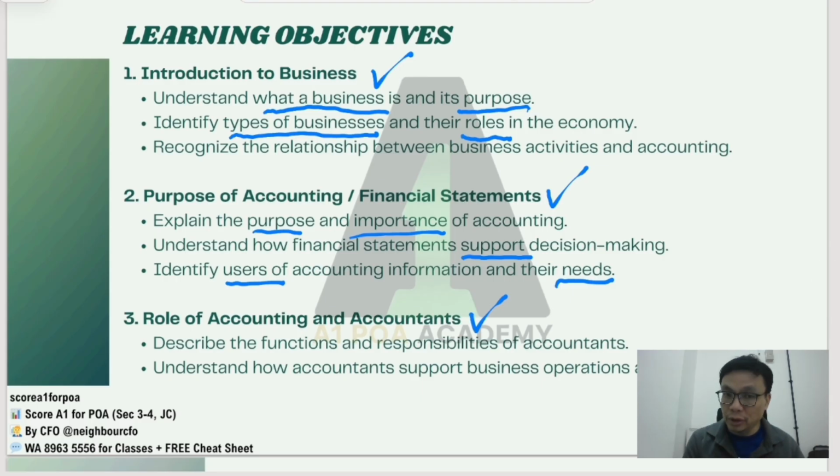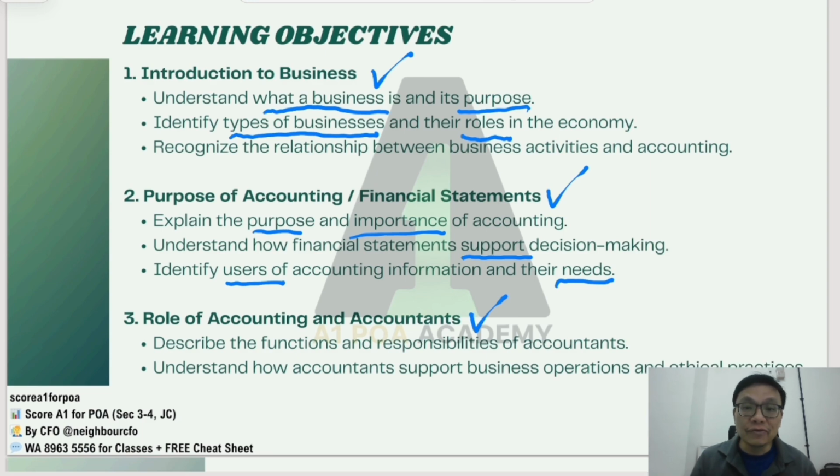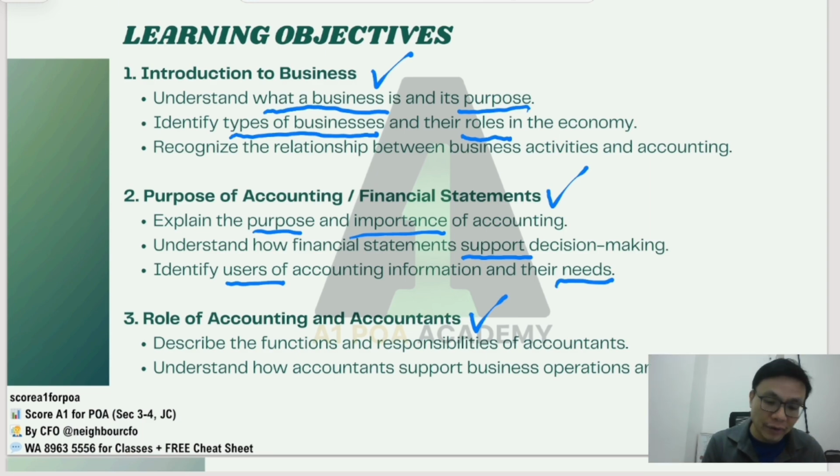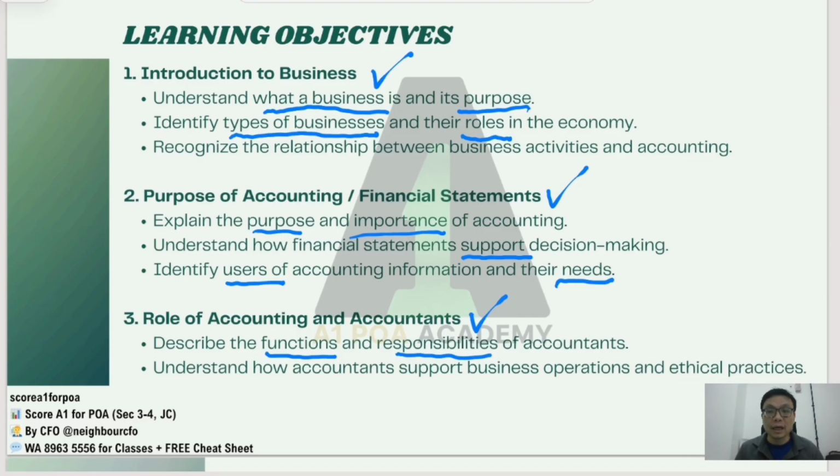Next, we come into the context of describing the function and responsibility of accountants. So what do accountants do, and therefore what are the responsibilities of these accountants? Last but not least, we talk about understanding how accountants support the business operations.